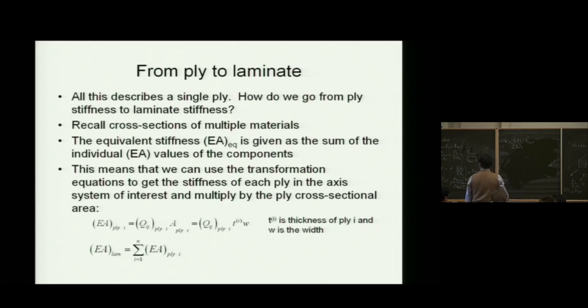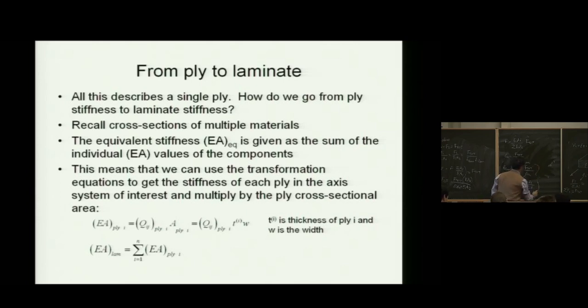Now, what is my total EA? If I know that epsilon applied is F total over E laminate A laminate, so if I solve for E laminate A laminate, I get F total divided by epsilon applied, but epsilon applied is also any strain of the different plies, which is equal to Fi over Ei Ai.